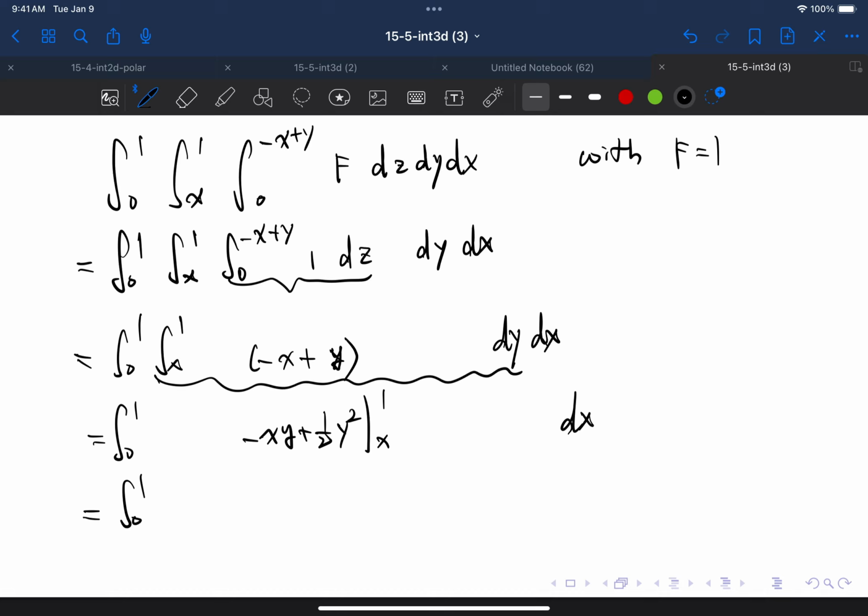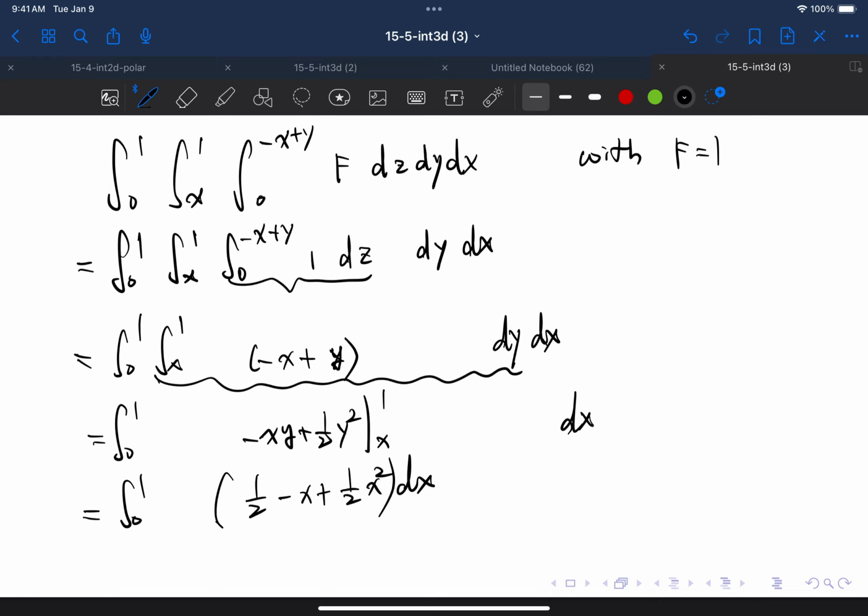If we calculate that, we put in 1 for y and x for y, and then take the difference. After combining like terms and simple algebra, we end up with this integral.